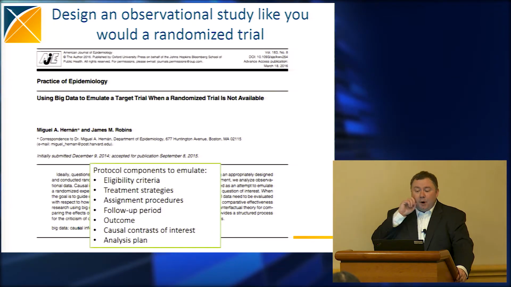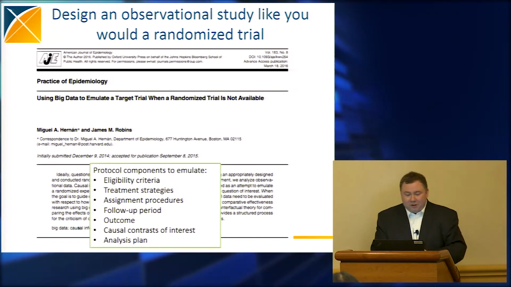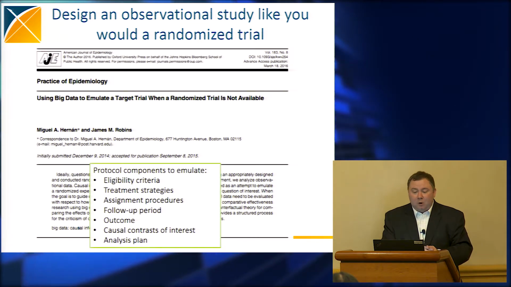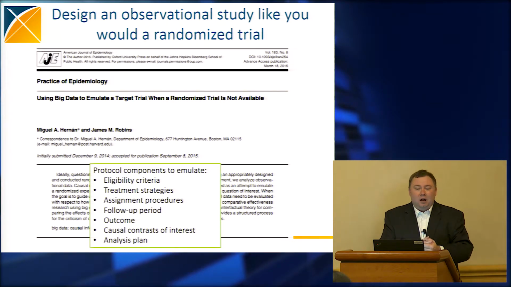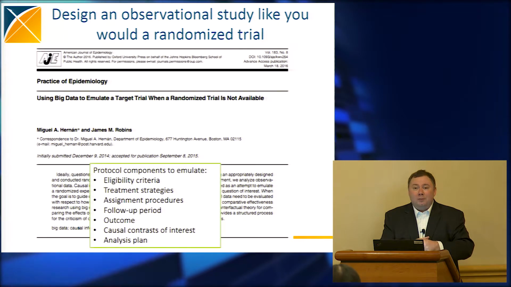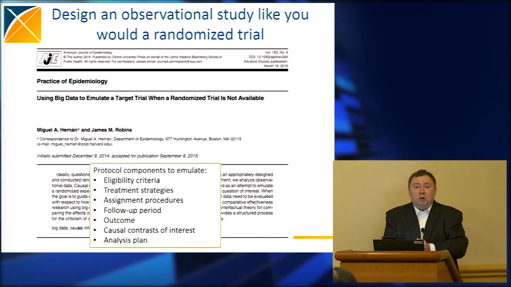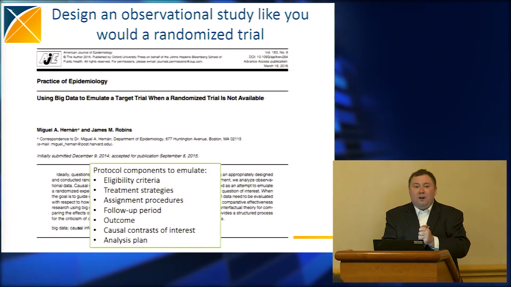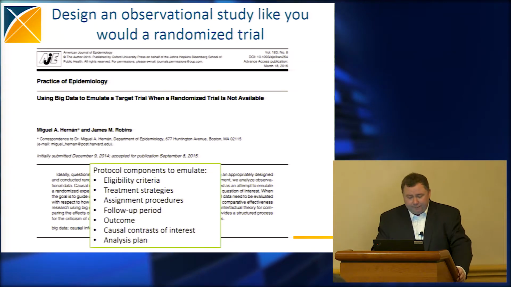So key components that go into a protocol are things like the eligibility criteria. What are the treatment strategies? What are the assignment procedures, the follow-up period, the outcome, the causal contrast, the analysis plan? These are the things that go into a proper design of a randomized trial and can go into an observational study. This actually matches up exactly with the framework that we're going to try to show you, just trying to put it in very specific language that will actually make sense for both designing a study and then ultimately implementing it.